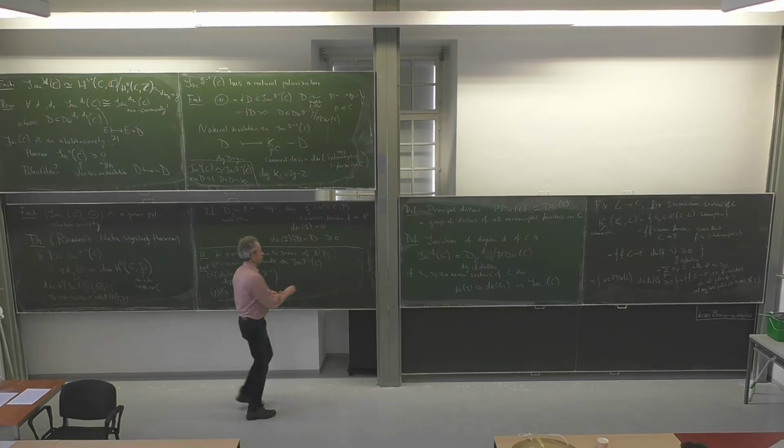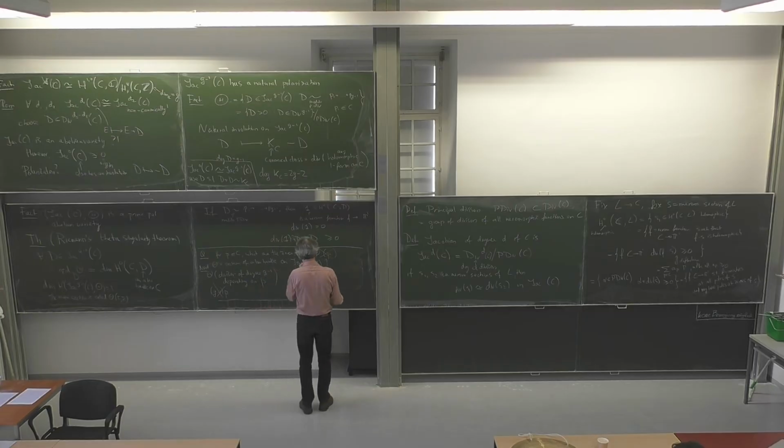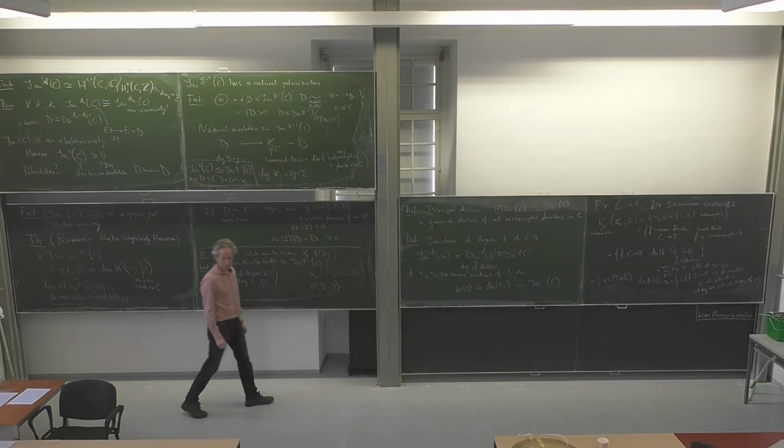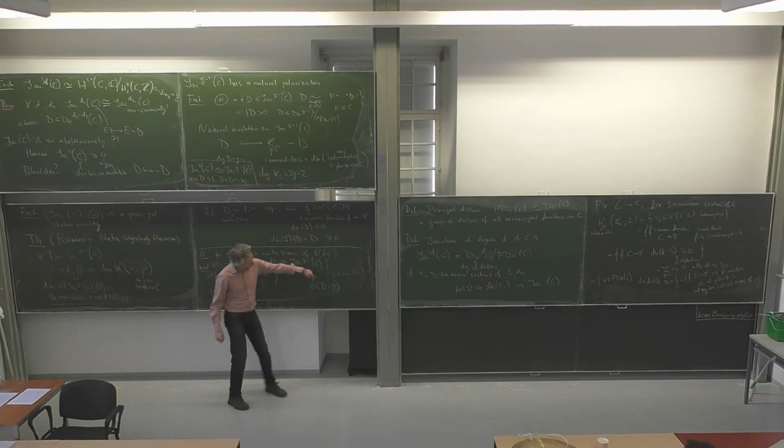So the correct thing to do here is you pick a divisor D. It's convenient to do this in the Jacobian, degree g of C. And you look at theta of D minus P. Okay? So there is some symmetry.